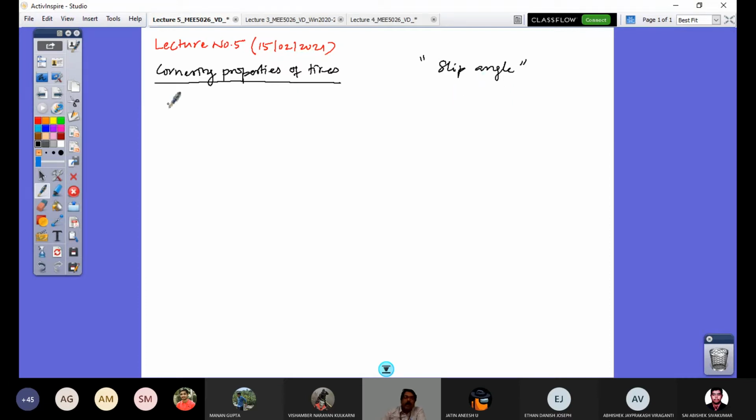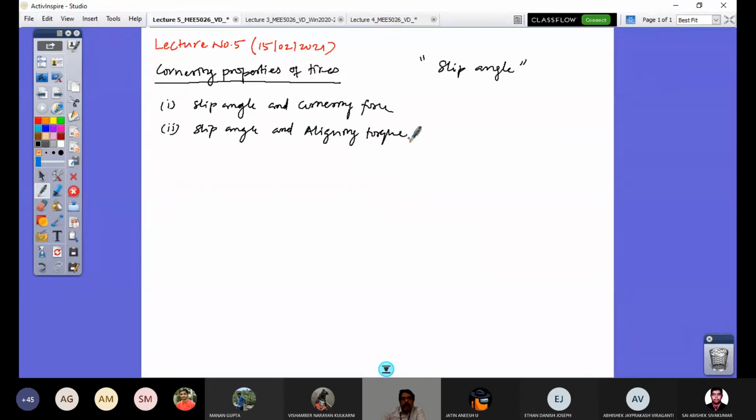So whenever I say cornering properties, we look at the slip angle and associated cornering force. And we're going to look at slip angle and an associated couple called aligning torque, or self-aligning torque.